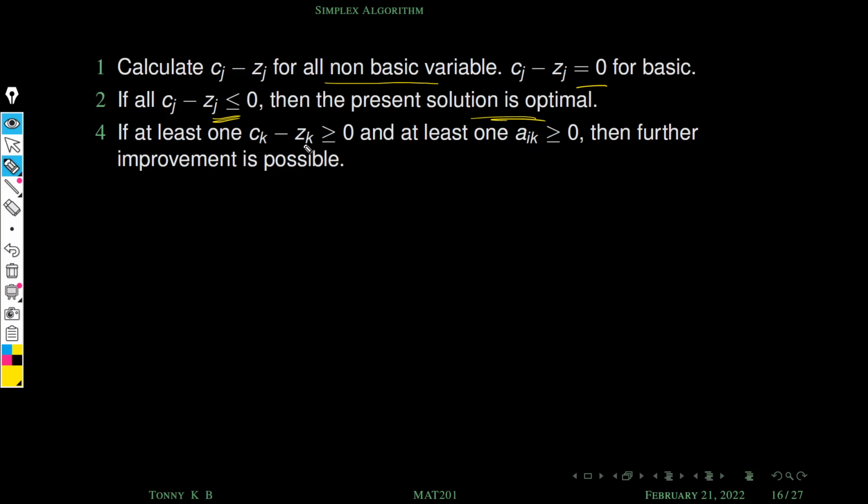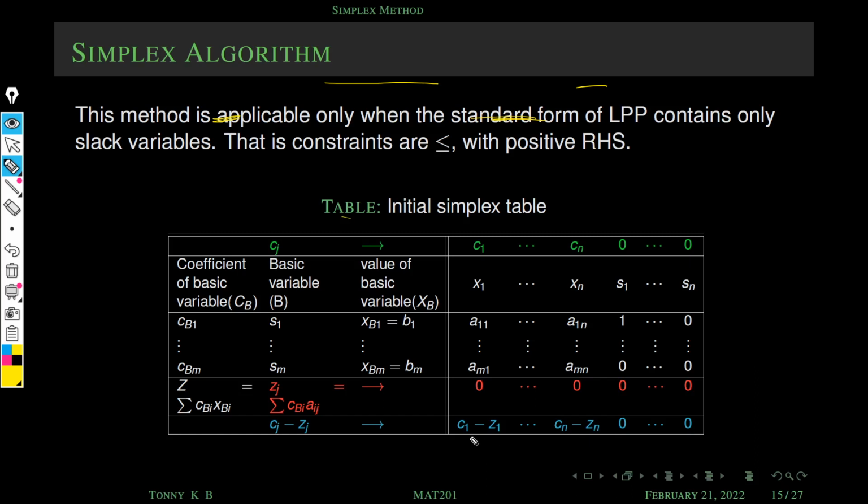Here Aik means the elements from the corresponding column, the corresponding positive column. For example, suppose C1 minus Z1 is positive. Then here Aik stands for the elements from this column.